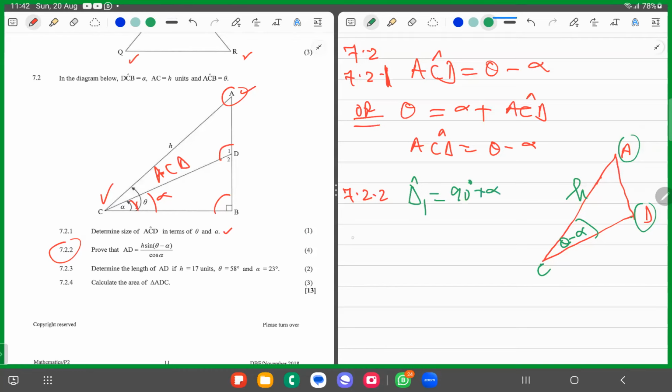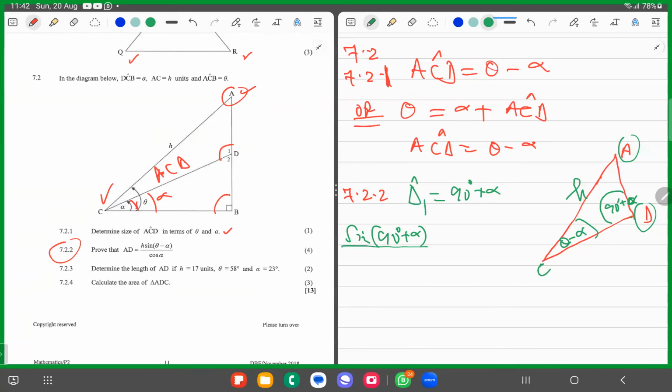So which means that you have the sine of 90 degrees plus alpha.